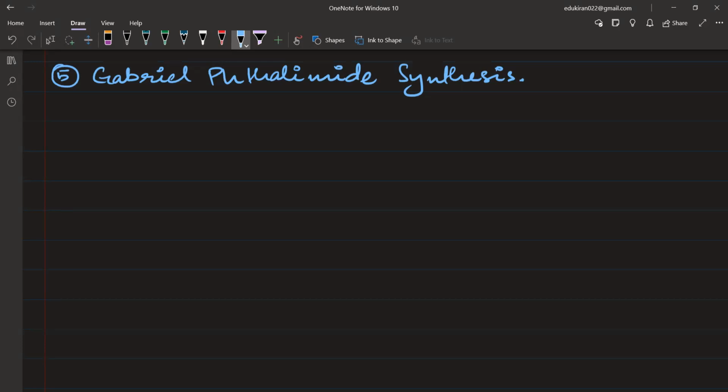Phthalimide, in carboxylic acids, when you have 2 COOH groups in the benzene ring in ortho position, right? If you remember that reaction, first of all, we start with phthalimide here. NH, C double bond O, C double bond O.